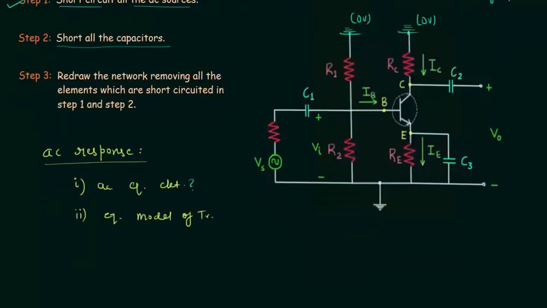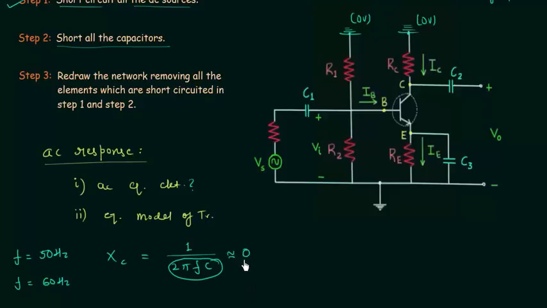The capacitances of the 3 capacitors are very large, and the reactance is equal to 1 by 2 pi f C. In case of AC signals, the frequency is not equal to 0. The frequency is equal to 50 Hz in India, and the frequency is equal to 60 Hz in America. If the frequency is not equal to 0 and we keep the capacitance very large, then the denominator will become very large and Xc is nearly equal to 0.